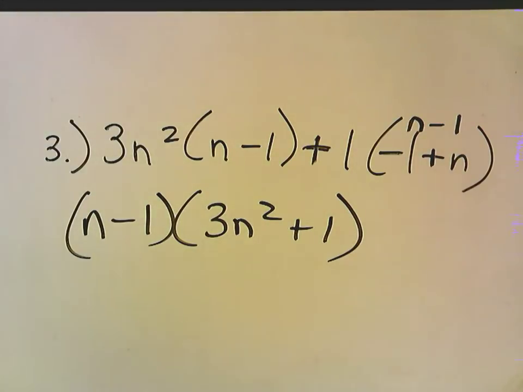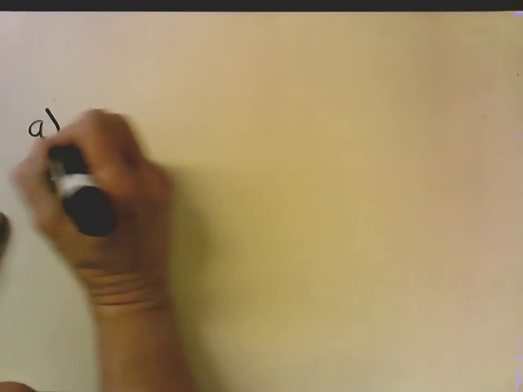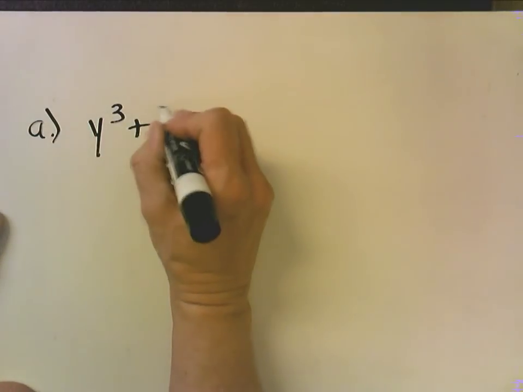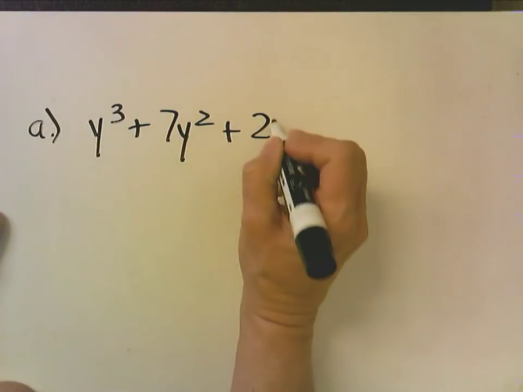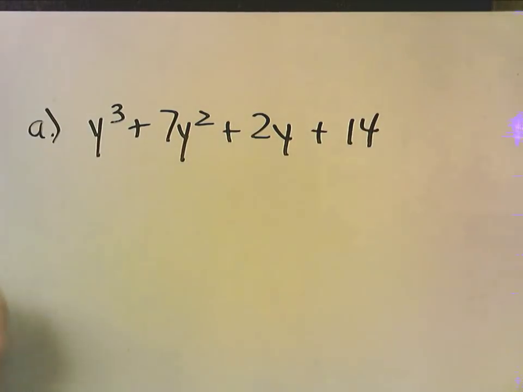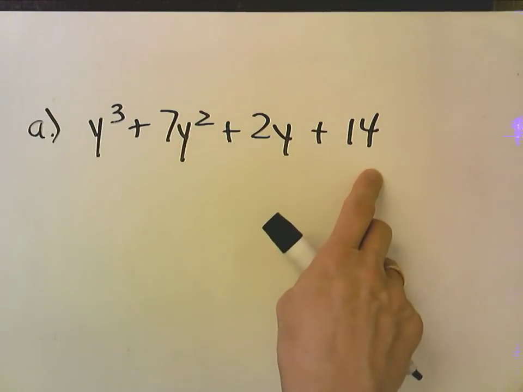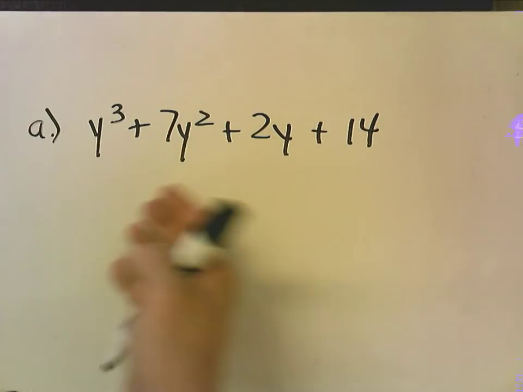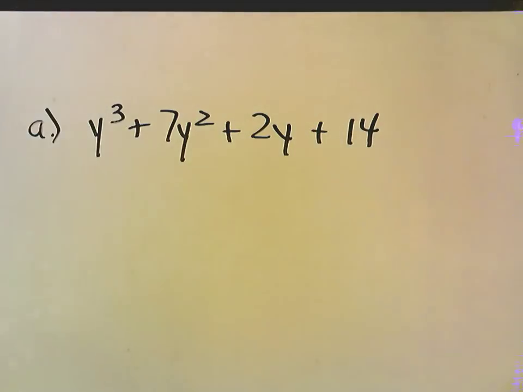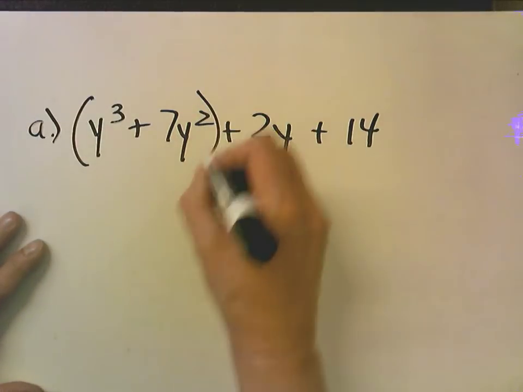Okay, so now we're going to see how this is going to help us with factoring by grouping. So everyone look at example 2. Example 2 has y cubed plus 7y squared plus 2y plus 14. Now if you're told to factor this, you'll notice these three terms have a y, but this doesn't. So I don't have a greatest common factor for this. So what I'm going to do is factor by grouping.